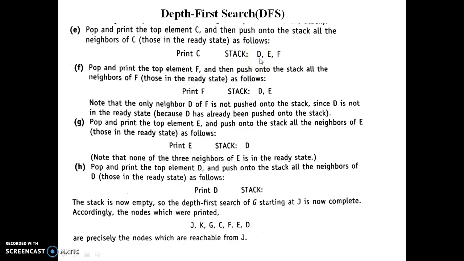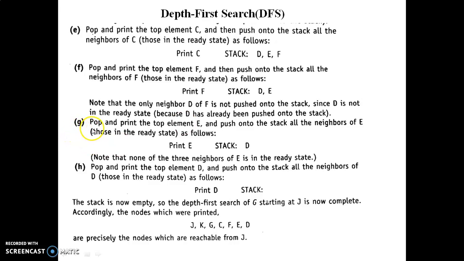That means the D vertex is already visited, that is, not in the ready state. So we don't push anything on the top of the stack. The stack will be D and E. Note that the only neighbor of D is F, which is not pushed onto the stack, since D is not in the ready state, because D has already been pushed onto the stack earlier.